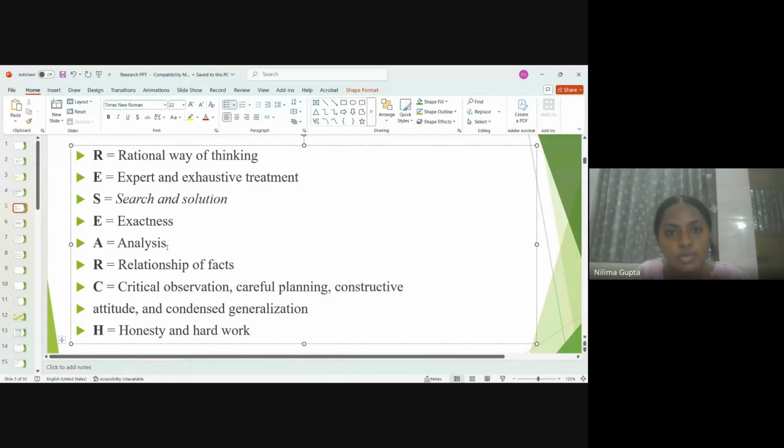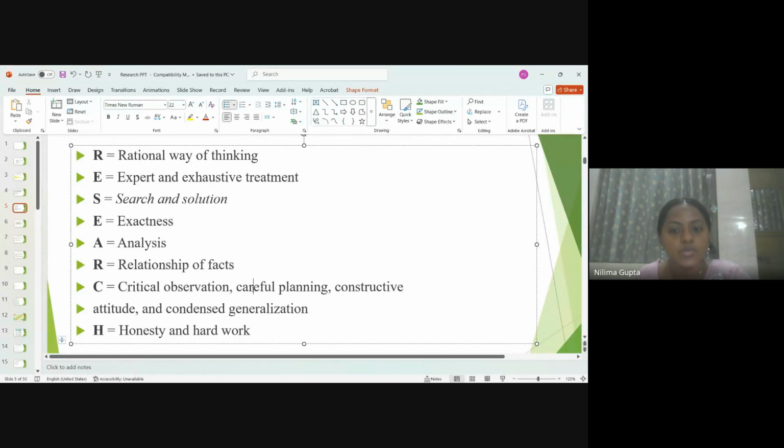There are always certain people on whom we conduct research, which we call a sample. So we collect data from them, and then we analyze that data. We also study the relationship of the facts, how two things, three things, or x number of things are interrelated with each other. And there is a very critical observation that has to be done while doing research.